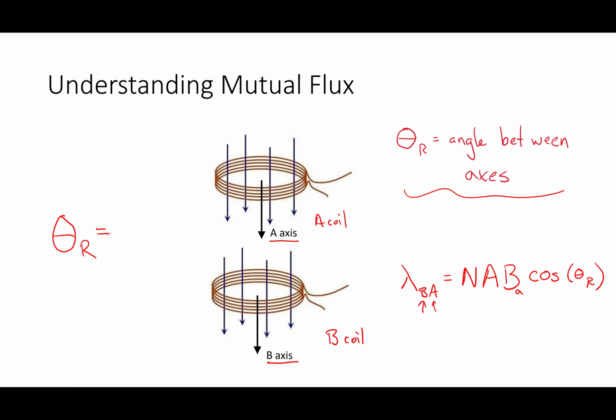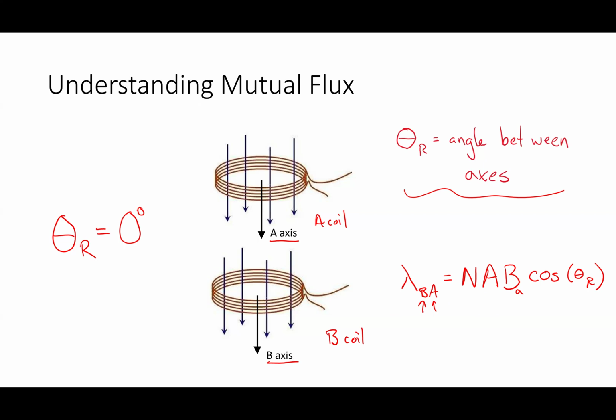What's the angle in the picture that I've drawn right there between A and B? They're perfectly aligned with each other, right? So we'd say that's 0 degrees. In other words, both of those two arrows point in the same direction. If they both point in the same direction, the angle between them would be 0.